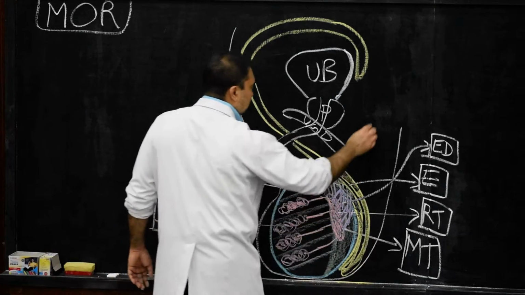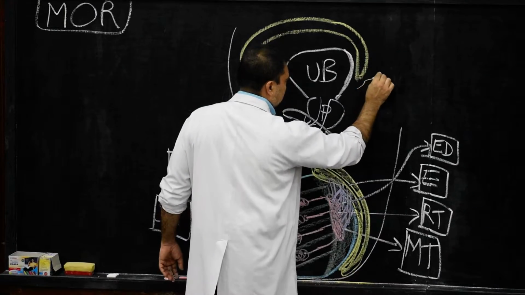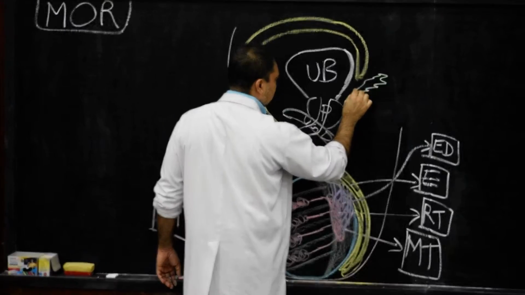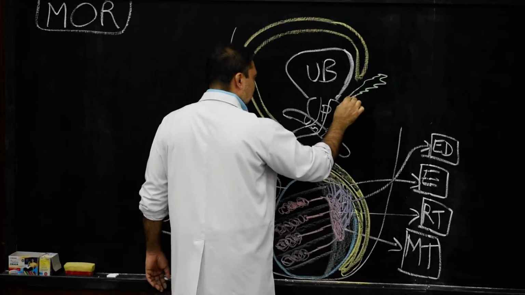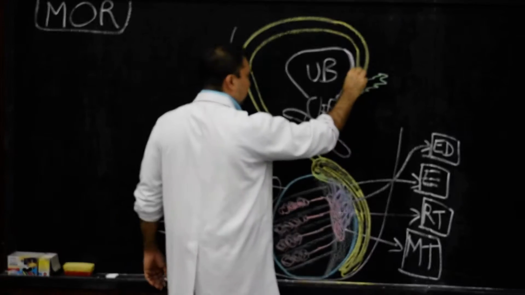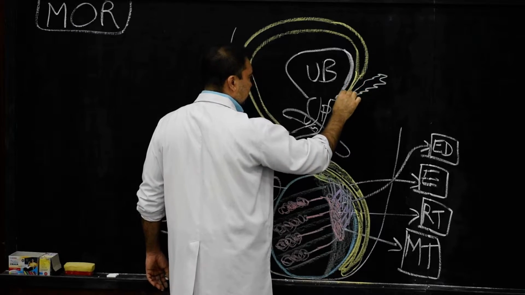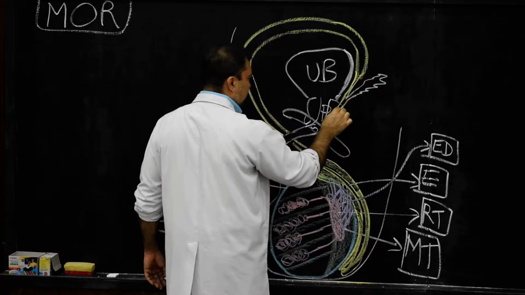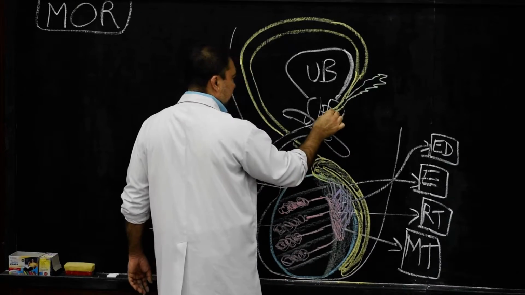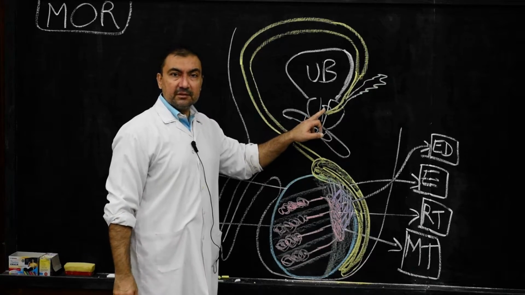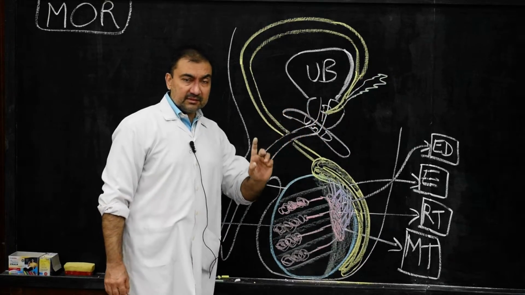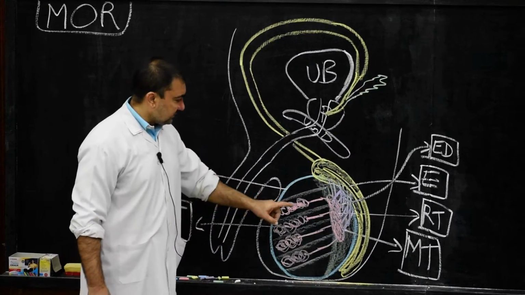There will be seminal vesicle present here behind the bladder, where this seminal vesicle will join with the vas deferens. They will form ejaculatory duct which will project into the prostate, and it will open into the prostatic part of the urethra. This is the entire length of vas deferens.